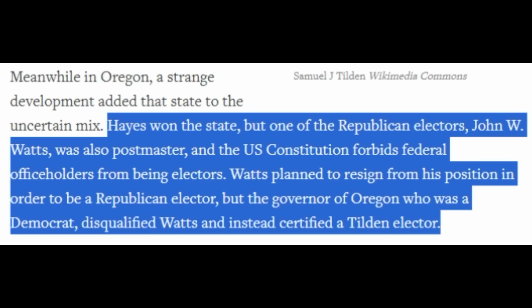So because that governor in Oregon swapped around one single elector from Republican to Democrat, and the election was determined by one single vote, the Democrats would have successfully stolen that election had the Electoral Count Act been in play. The Count Act that was supposedly meant to prevent that sort of thing from happening. But here's where things get really spicy.